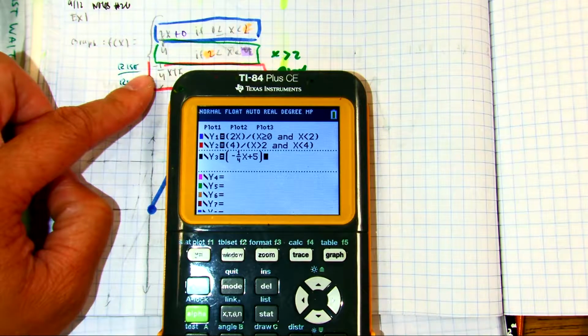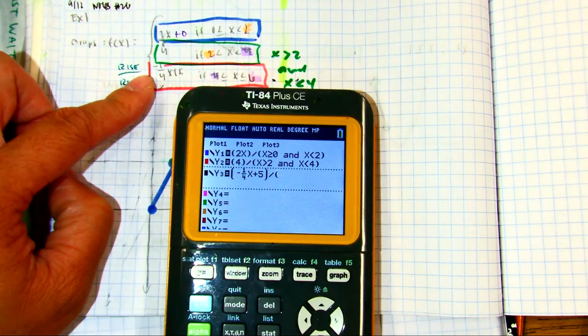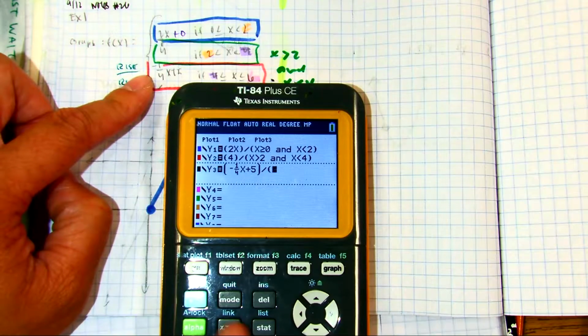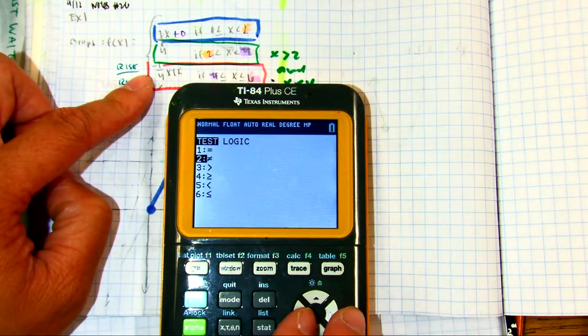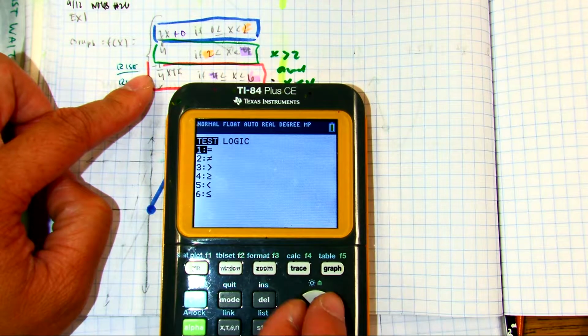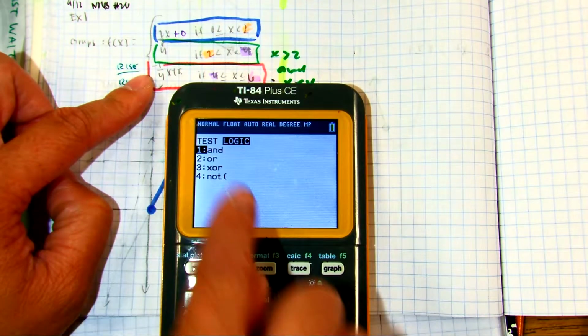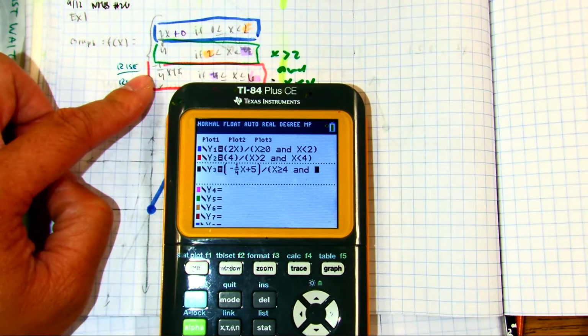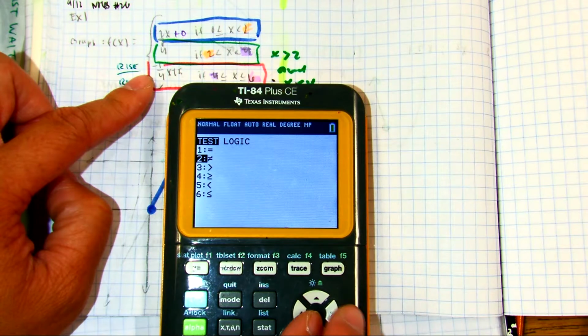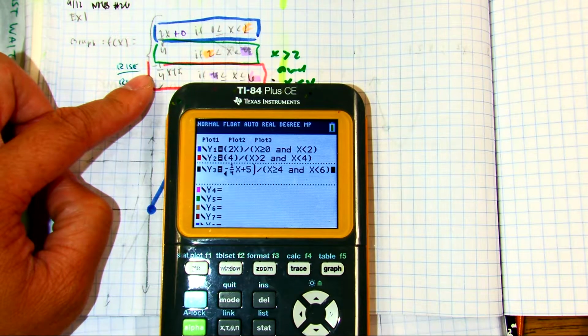Divided by x is greater than or equal to 4. X is greater than or equal to 4, and so that's under logic, so you just go over right, press number 1 or enter, and x is less than 6. You ready? I'm excited.